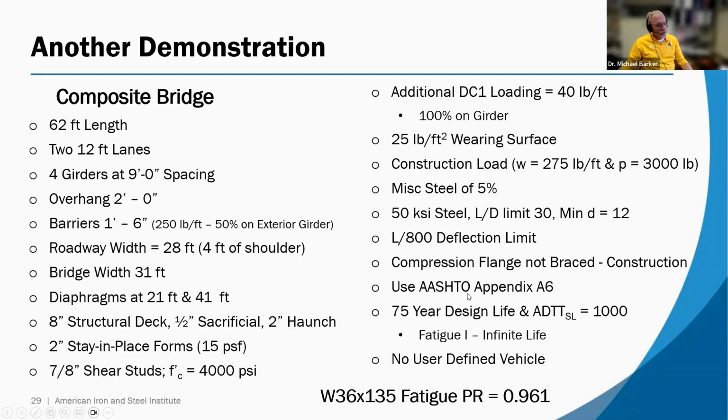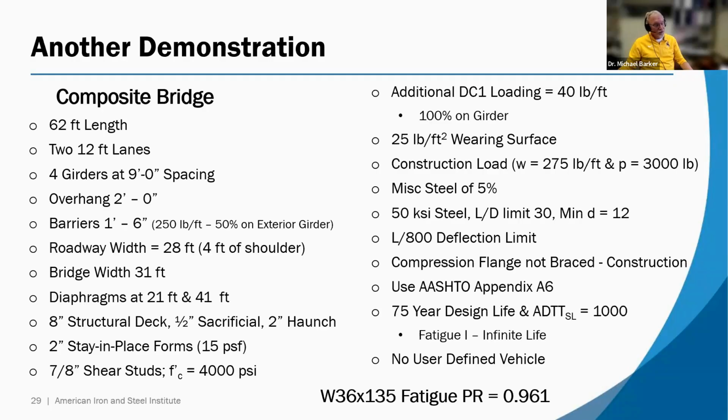And I also have some other things I'm going to put on there. But now I'm going to give it quite a bit of average daily truck traffic in a single lane, so it becomes an infinite life Fatigue 1 design check. And when I put that in there, a minute later, it tells me W36x135, where fatigue was the controlling performance ratio.